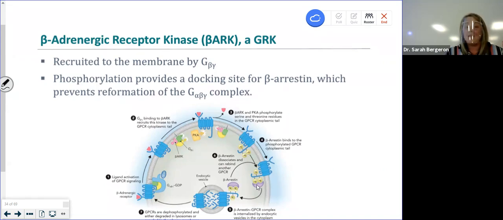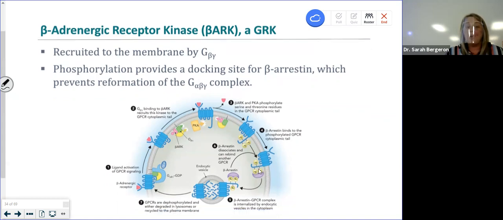If it's phosphorylated, this is a signal to a protein called beta-arrestin. Beta-arrestin is going to come in and bind to the receptor, but it only binds to the phosphorylated tail. So when beta-arrestin binds, now we have this complex, and the cell is going to internalize the whole complex. Now the receptor is stuck in an endocytic vesicle. Is it going to be able to bind ligand? No, it's inside the cell.